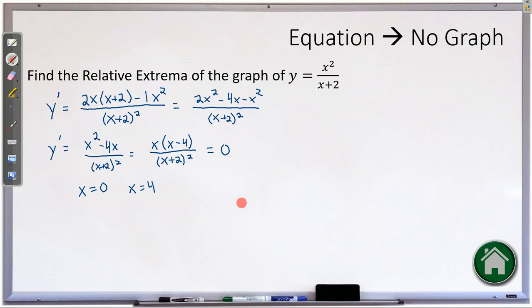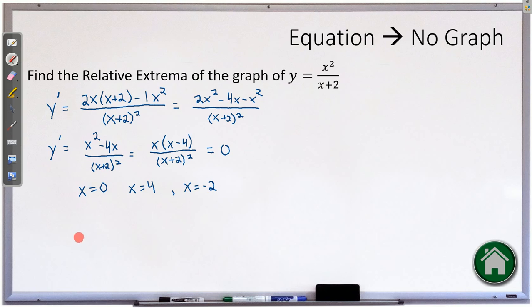Now you do have to think about one more number. How do you make the denominator 0? Because remember, a critical point is any point where the derivative is 0 or undefined. And so if the denominator is 0, your derivative is undefined. So those are our three x's that we have to consider.